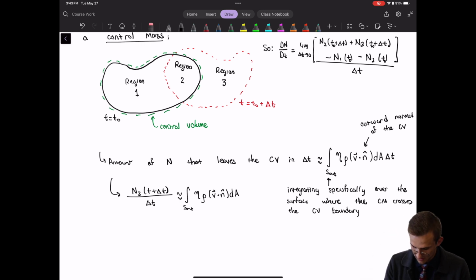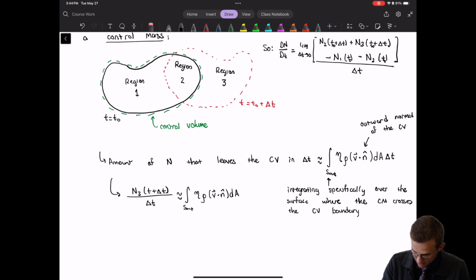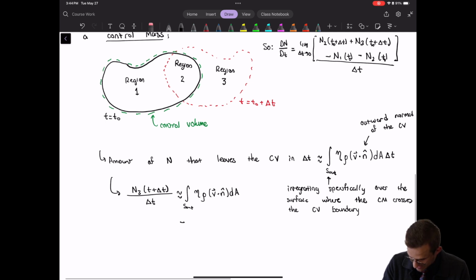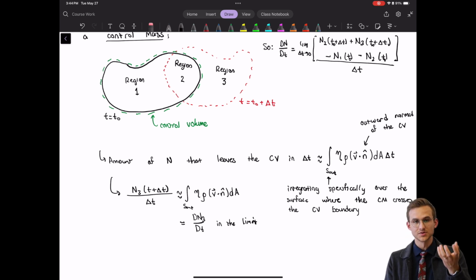Okay, and then if we took the limit of delta T going to 0, what we would actually obtain is dn3/dt in the limit. The reason that is the case is because n3 at t naught, at the initial time, is equal to 0.